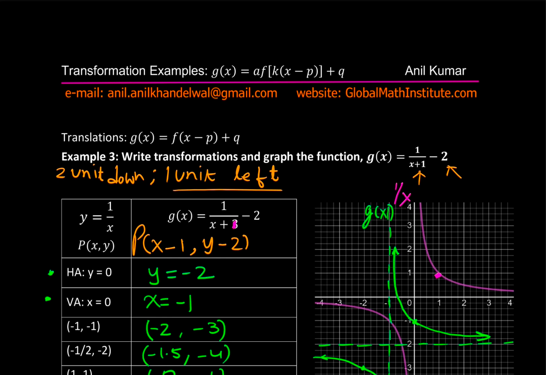Let me use another ink to show it. Moves 1 unit left and 2 down. Do you see that? And you get to your critical point. Perfect. Similarly, that is another critical point. Move 1 unit left and 2 down. You reach that point. Plus, we already have our asymptotes, and that should give you an accurate graph.